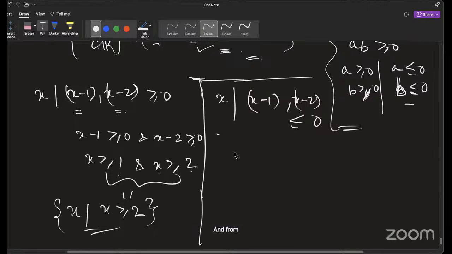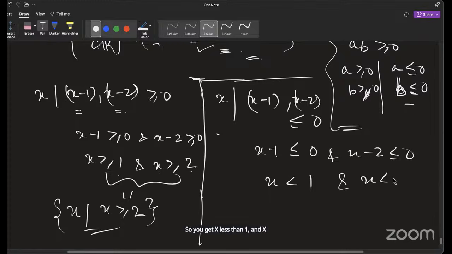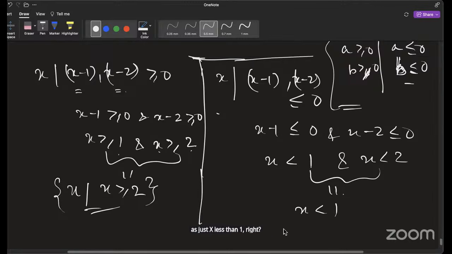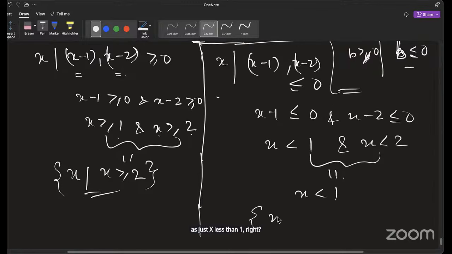And from here, you do the same thing. So you get x less than 1 and x less than 2. And you can combine these two as just x less than 1, right? So you will get x where x is less than or equal to 1.